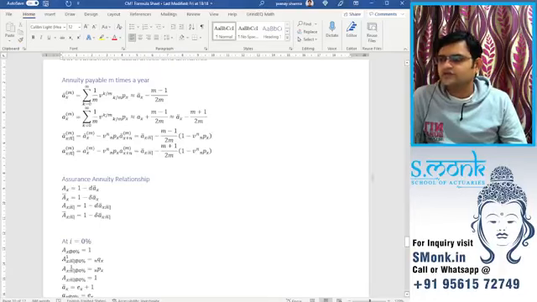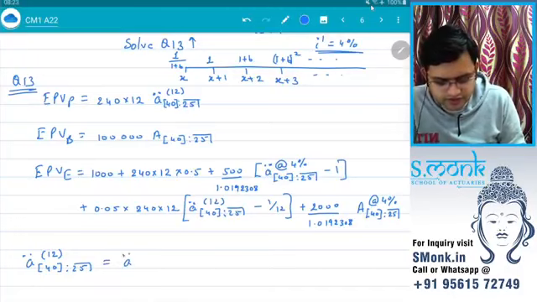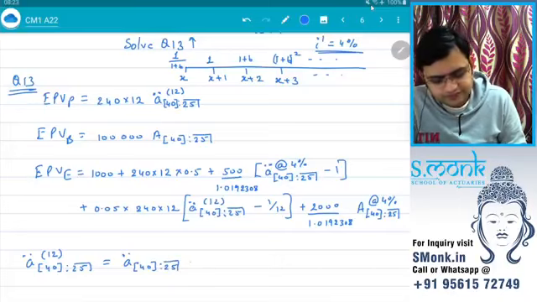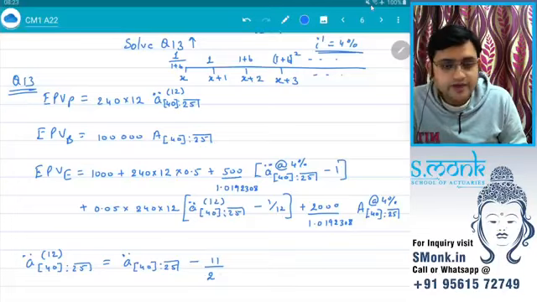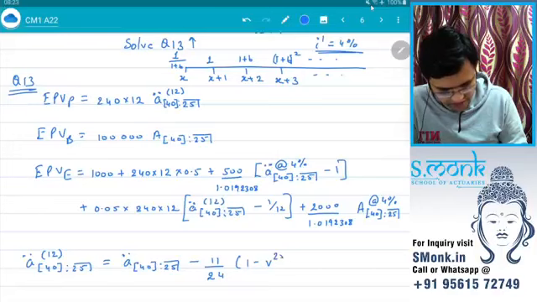So A due x:n minus (m minus 1) by 2m into (1 minus v raised to n, n p x). So we'll write it as A due select 40:25 minus (m minus 1) upon 2m, so 11 by 24, 1 minus v raised to 25, 25p select 40.